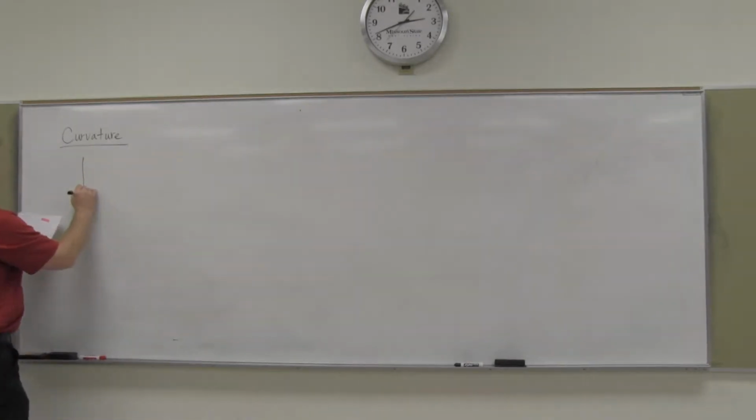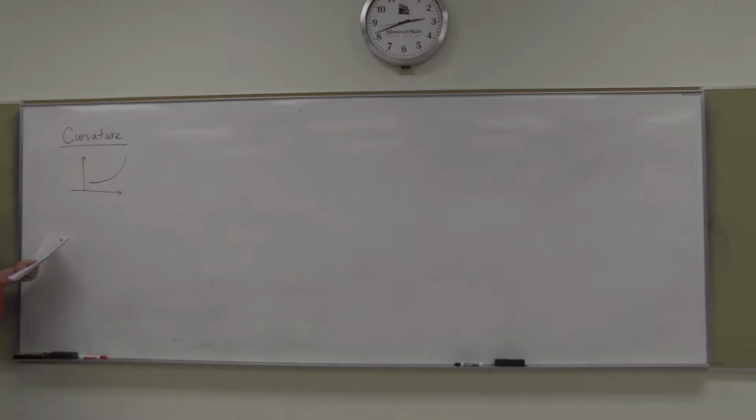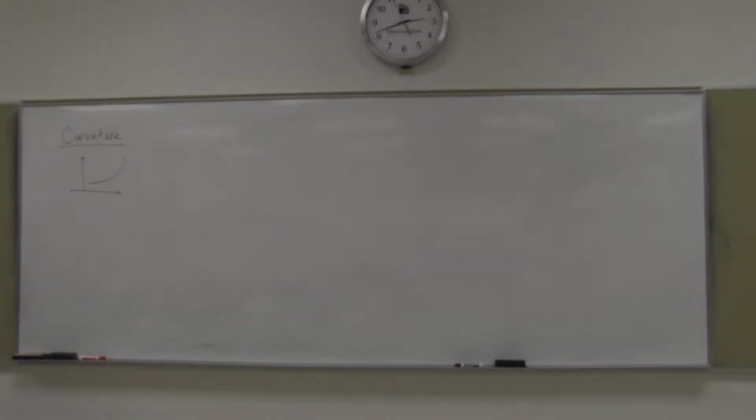If we have, let's do the two-dimensional, think about a two-dimensional curve here. As a particle, let's say, moves along the curve there, the unit tangent vector turns as well.